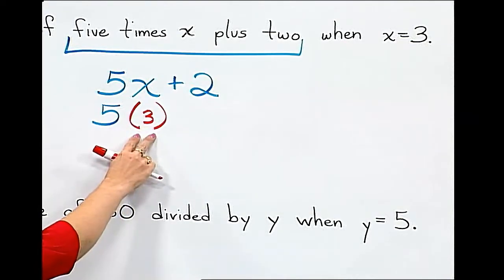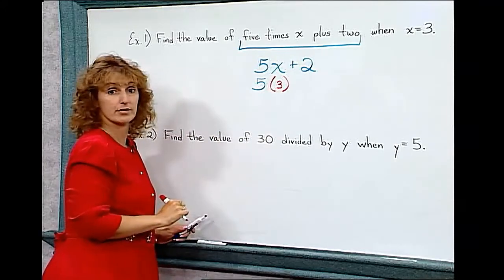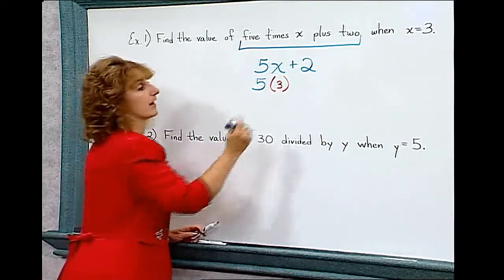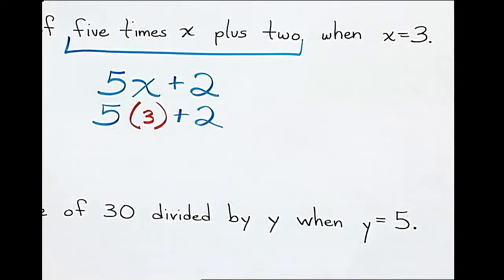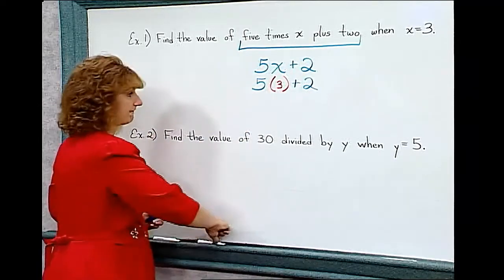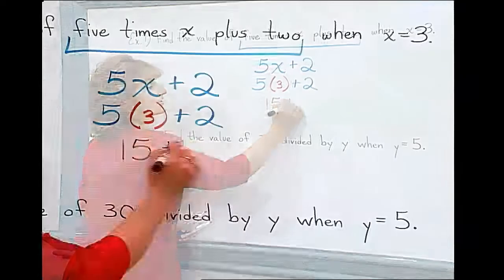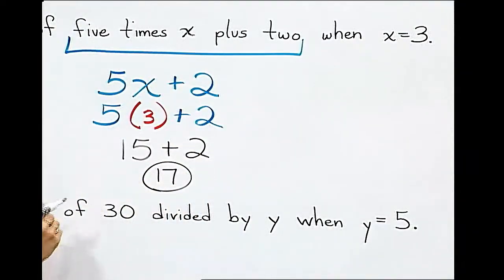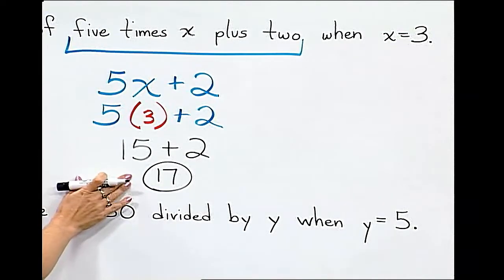Notice I used the parentheses to show multiplication because if I just wrote 53, it would look like 53 and you wouldn't know to multiply. Then I still have to add the 2. I can now solve doing my multiplication. 5 times 3 is 15 plus 2 is 17. So the value of this expression when x equals 3 is equal to 17.